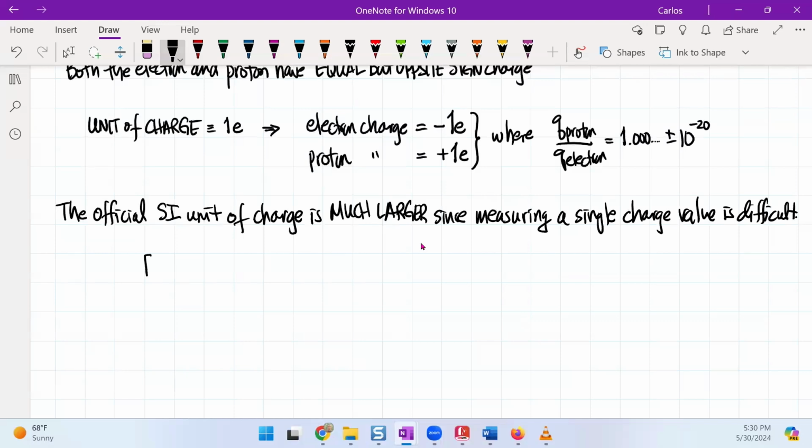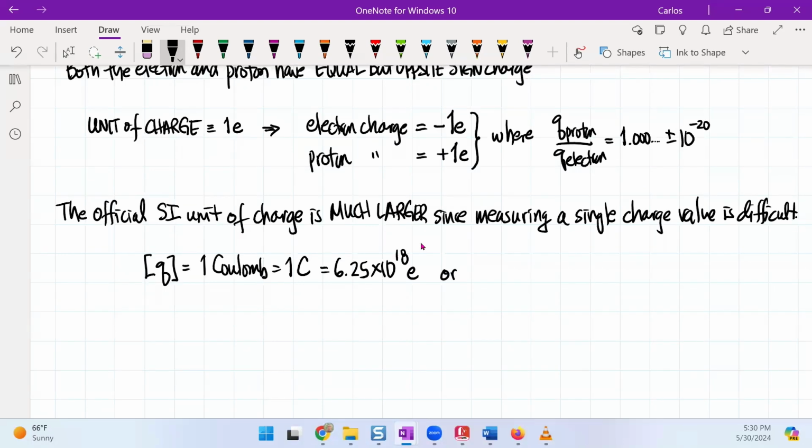So the official unit of a charge is 1 coulomb, which is equal to 1C, which is equal to 6.25 times 10 to the 18 electrons.